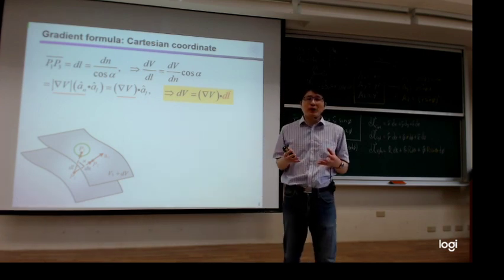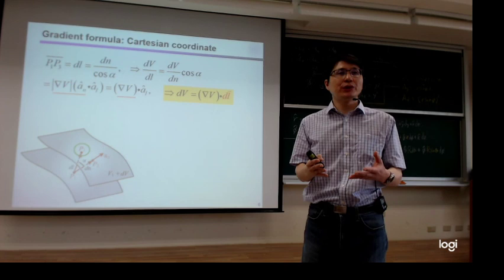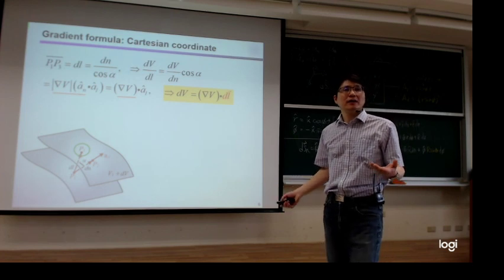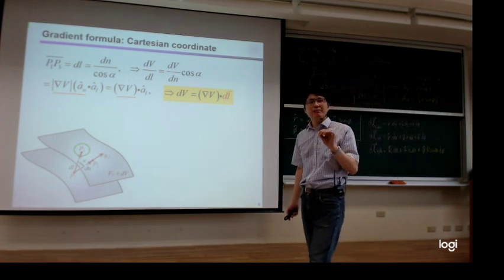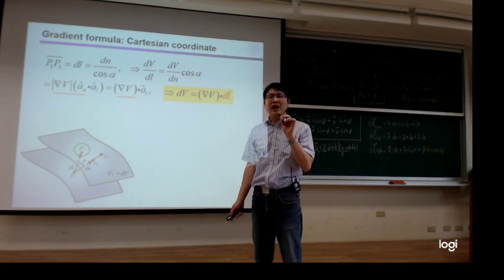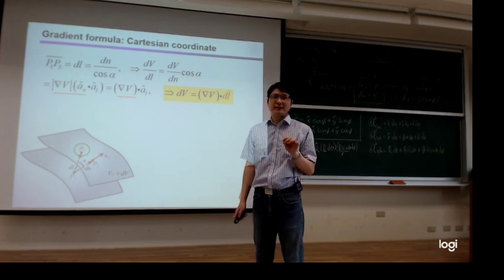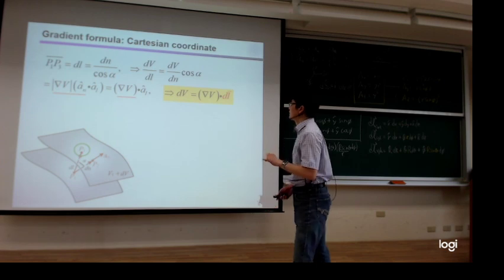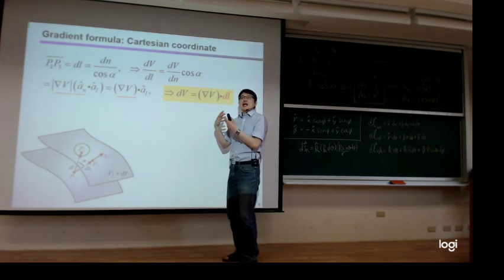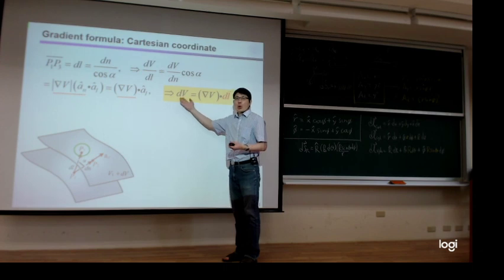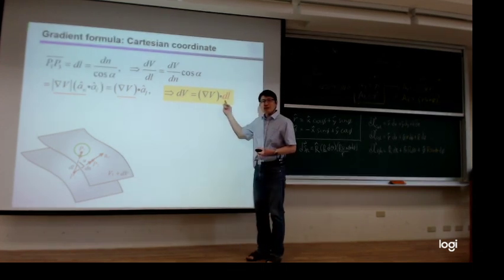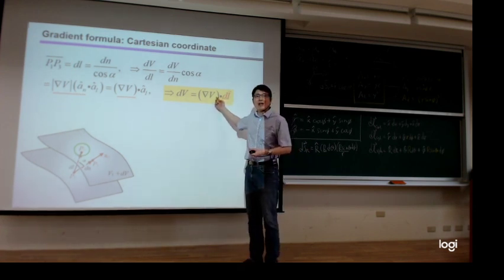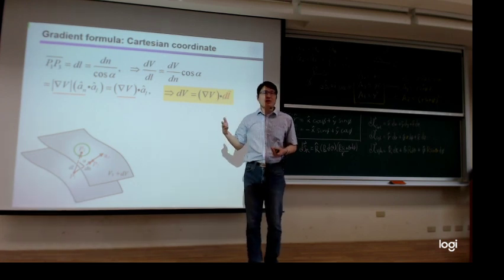So why do I want to spend all this effort in teaching you such a simple formula? This is extremely useful for you to understand gradient in 3 different orthogonal systems. dV is the change in V in a certain coordinate system. dl, we spent lots of time on dl, differential length, right, for all 3 different orthogonal systems.